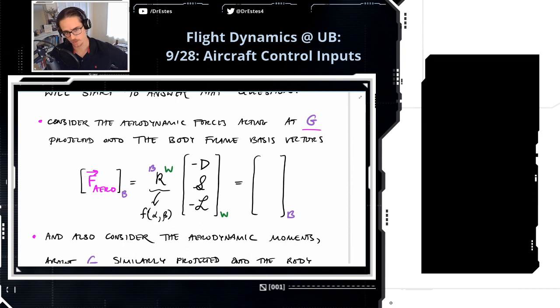And somebody asked me the question of why we only used 2 rotations to relate the wind frame to the body frame. But when we did Euler angles, we did 3 rotations to relate the fixed frame to the body frame. So what's the difference here? I still don't have a good answer, just to be honest with you. But don't let me off the hook. I want to keep investigating that.